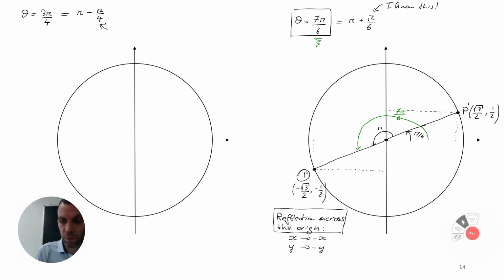And again, pi over 4, that's something that we should know and love. That's something that we just calculated. So let's start by drawing pi over 4.